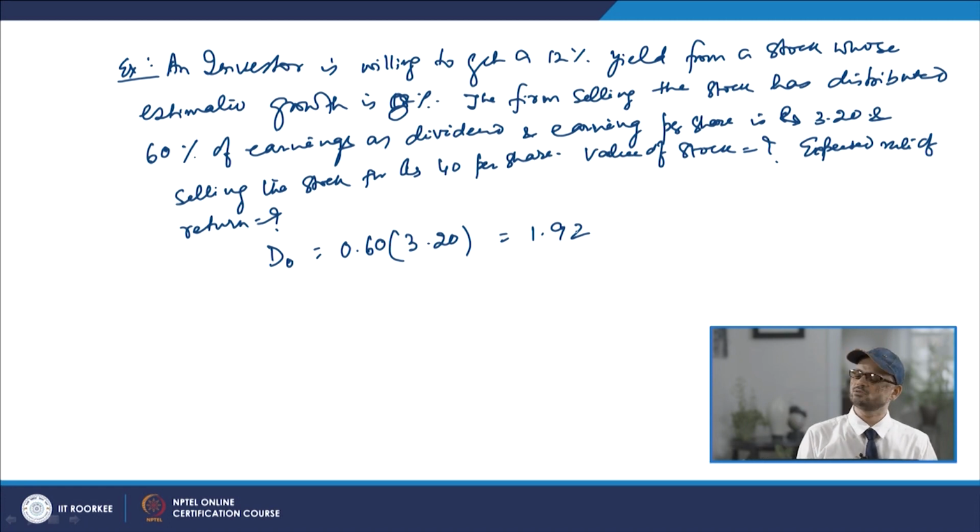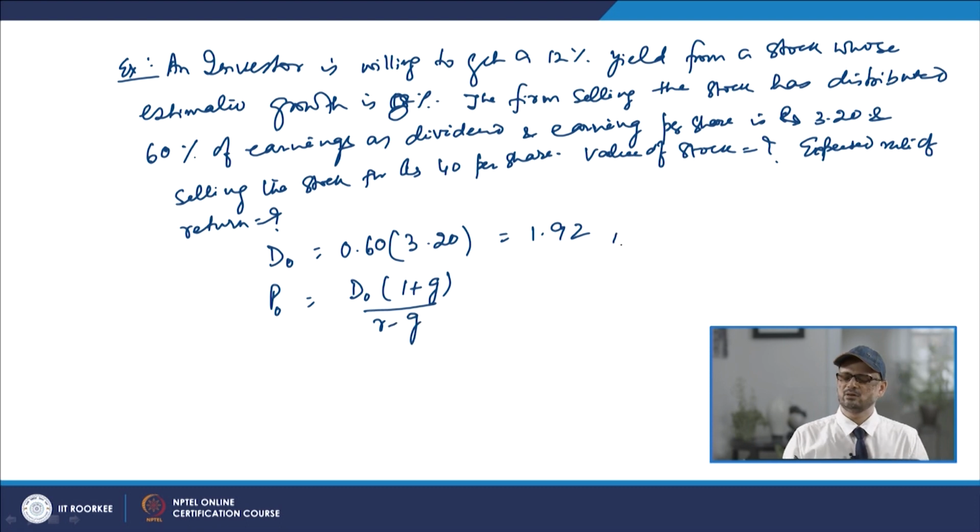Now you have to find the price of this stock, so the value of the stock. That will again be P naught, and we know P naught is D naught into 1 plus G divided by R minus G. It is given that R is 12% and G is 8%, so 0.08.